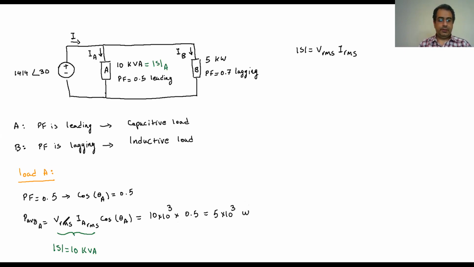Because we have the VA, the unit of the apparent power, this is the magnitude of S, so we can simply use that to replace these two magnitudes.